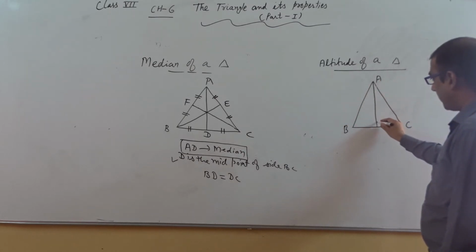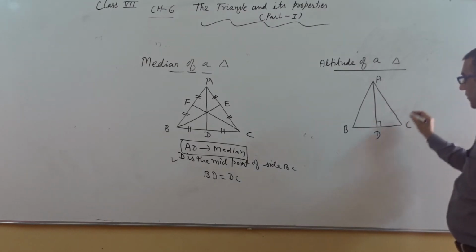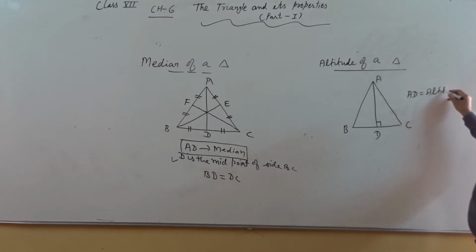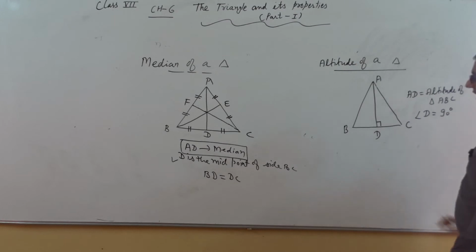If this is related with 90 degree, then we can say this AD is altitude. Altitude of triangle ABC, and we can say angle D is here 90 degree. Okay, so median is different, altitude is different.